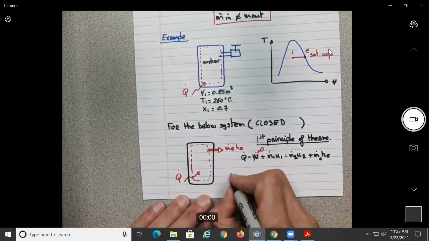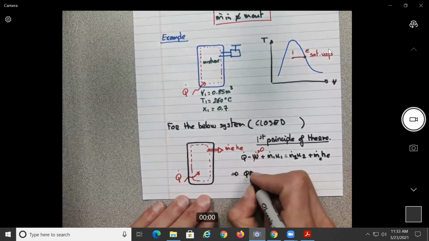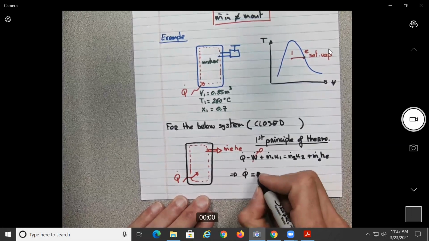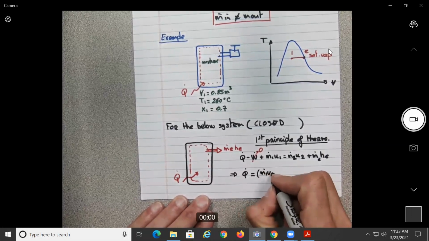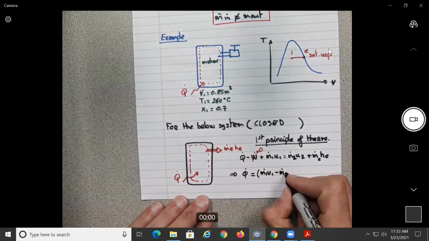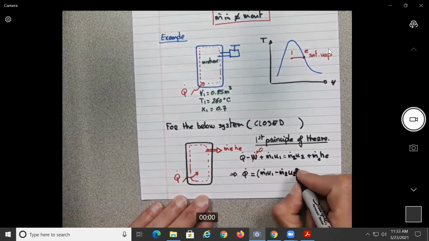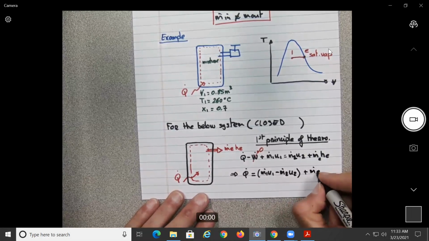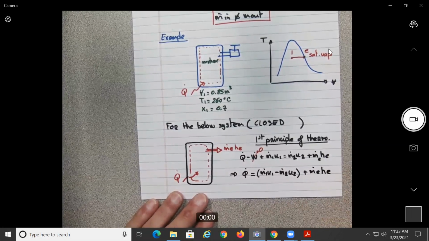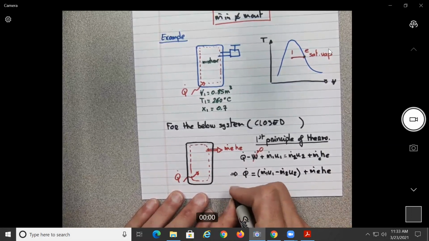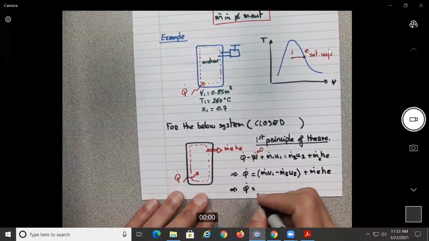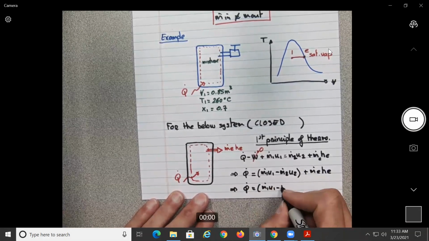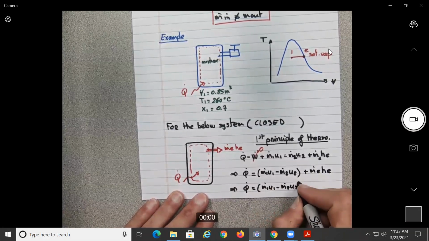So now we're gonna get that Q. One more thing, Q dot will be equal to what? Will be equal to M dot 1 U1 minus M dot 2 U2 plus M dot E H sub E. But now, maybe without going into too much detail, because again, this is just for an example, it will be M dot 1 U1 minus M dot 2 U2.